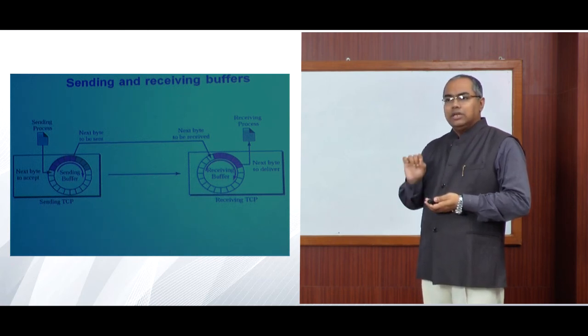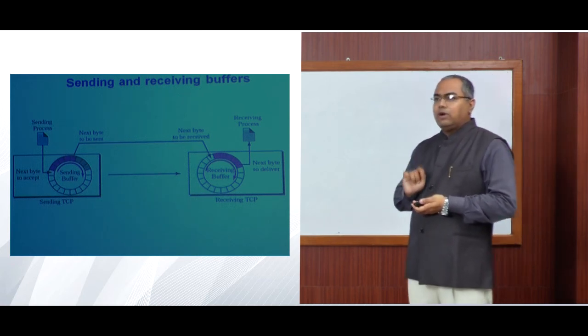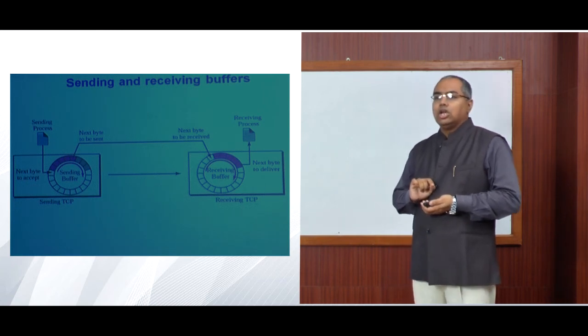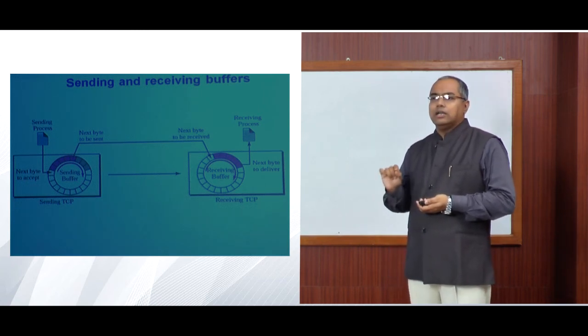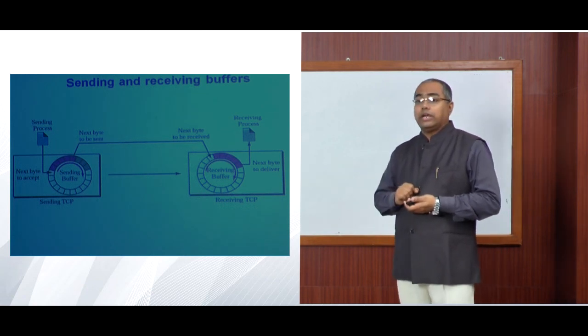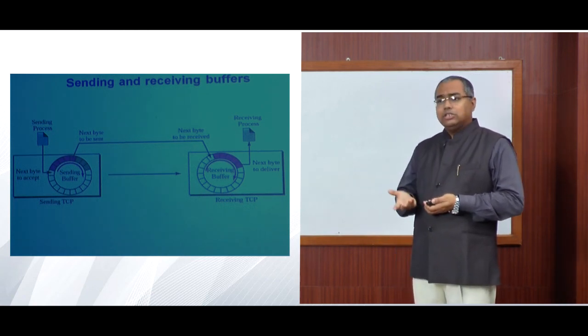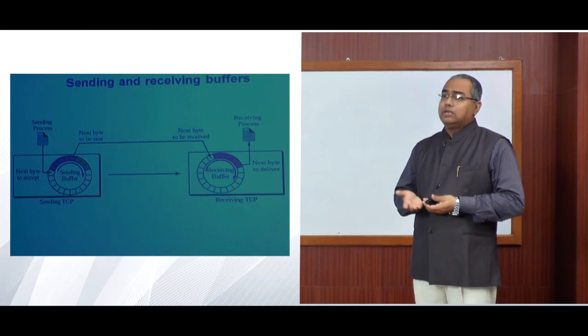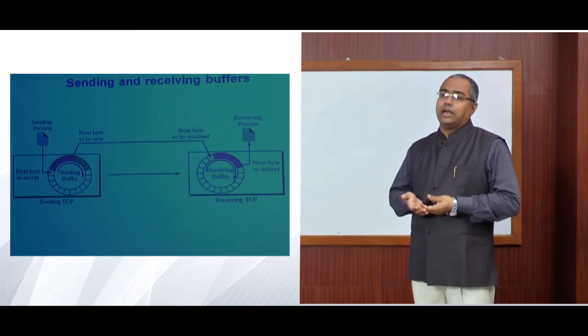I repeat, in TCP, except one particular type of message, all messages are acknowledged. And which type of message is not acknowledged? An acknowledgement is also a message, but acknowledgement messages do not get acknowledged.